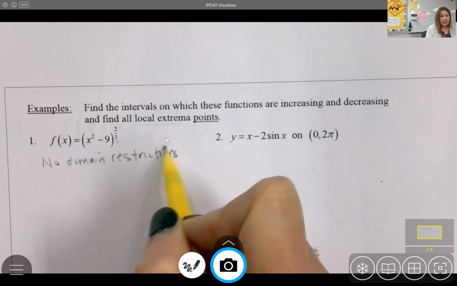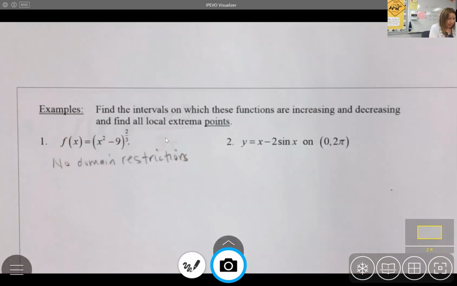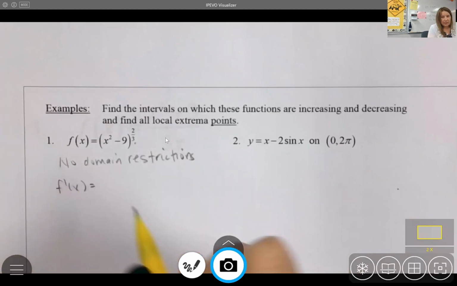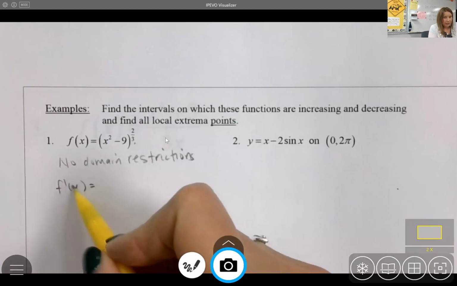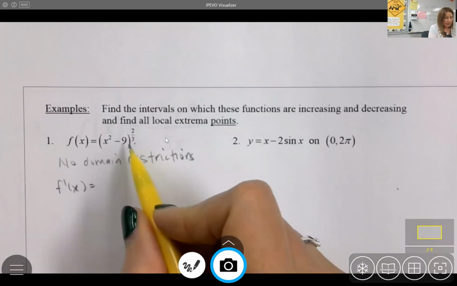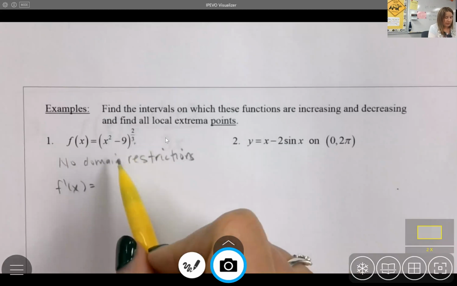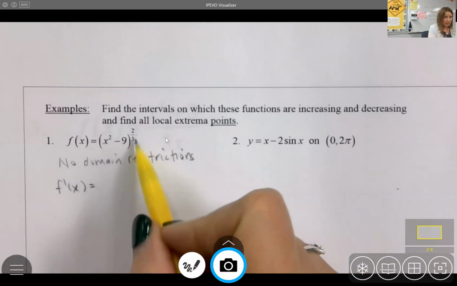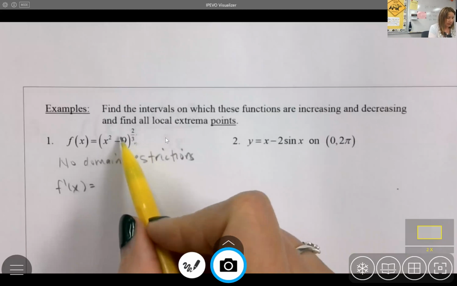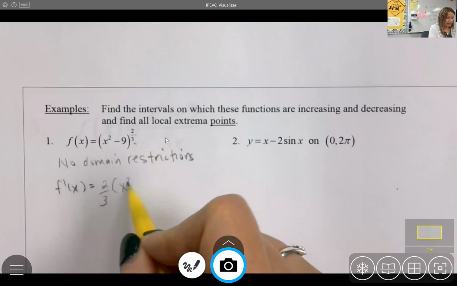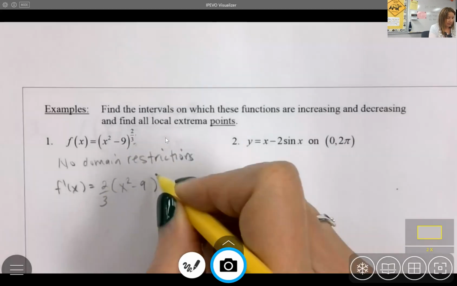Okay, then we're going to look for where the derivative is equal to 0, just like yesterday. The derivative f prime of x: this is a mama and a baby, so this is a chain rule. The mom is the 2/3, and we keep the inside the same, so I do 2/3 times x squared minus 9, keeping the inside the same.